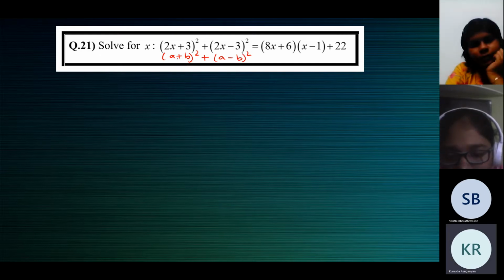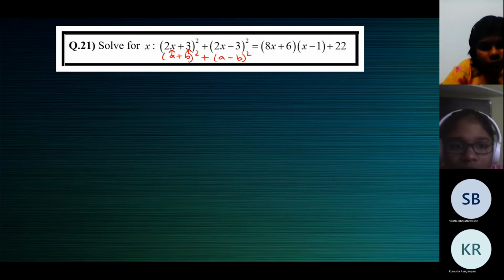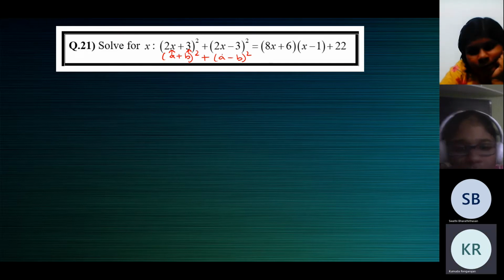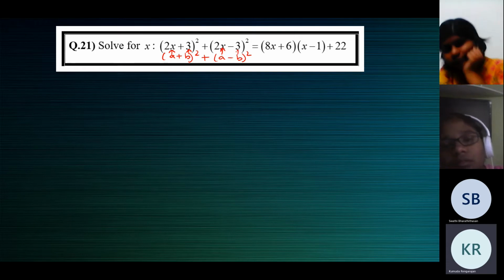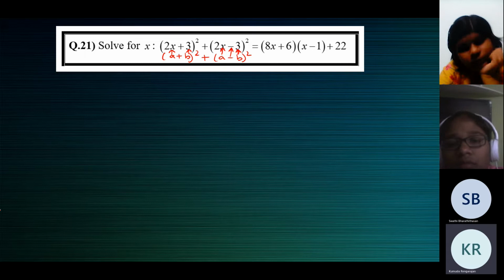When you compare this with (a plus b) the whole square, a is 2x and b is 3. Understood? And when you compare this with (a minus b) the whole square, a is 2x, b is 3.